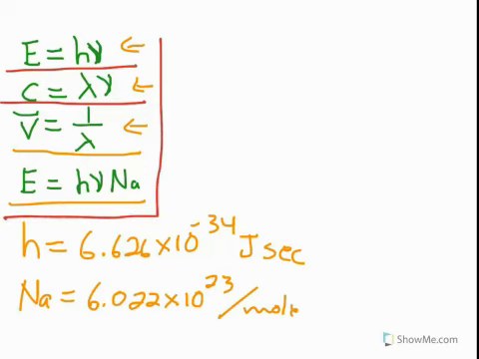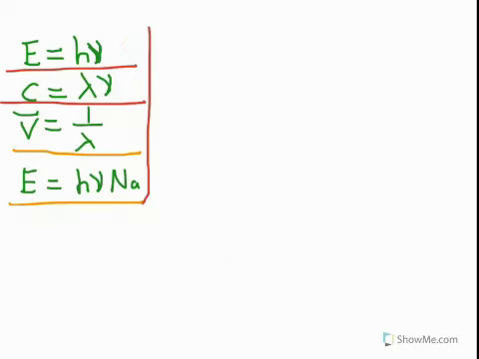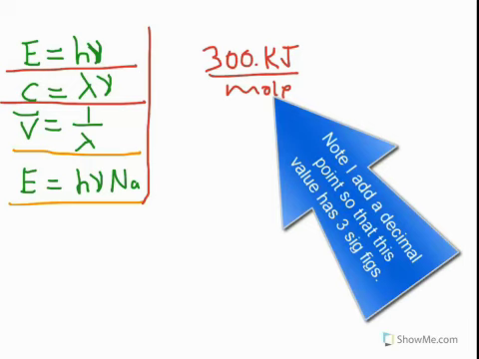So let me erase. A typical question you might get is, light has an energy of 300 kilojoules per mole, and they want you to calculate lambda. They'll ask, what is the wavelength? So we're going to have to pick out the equations we need to use.